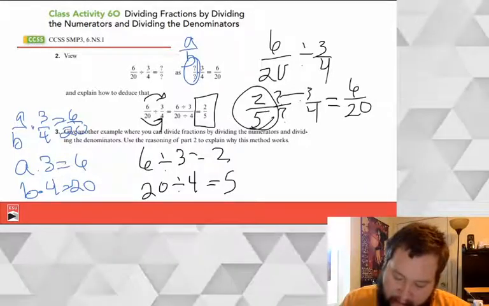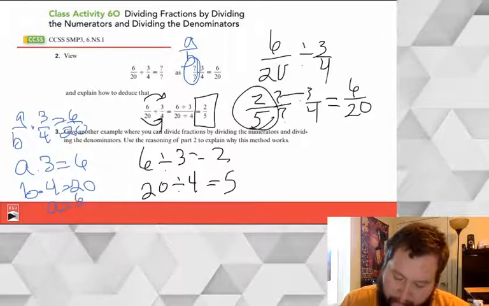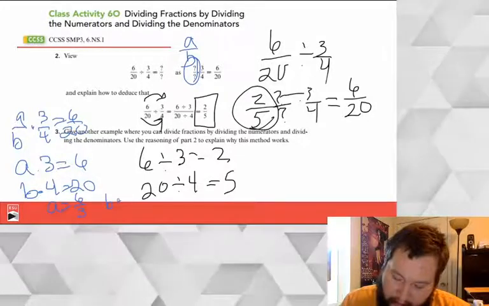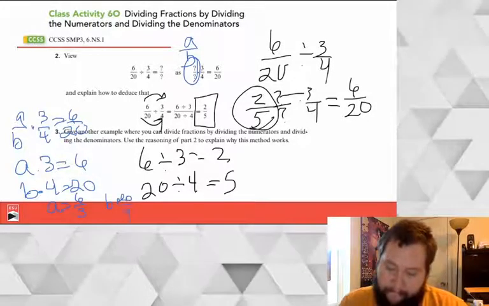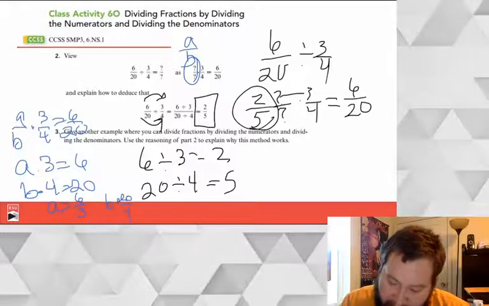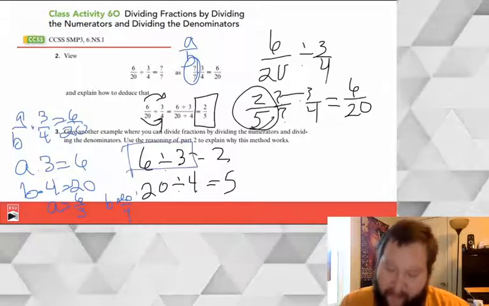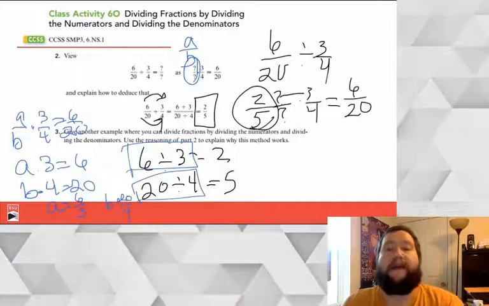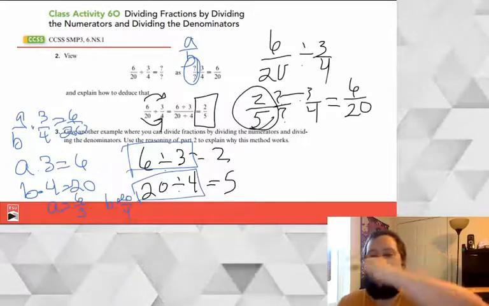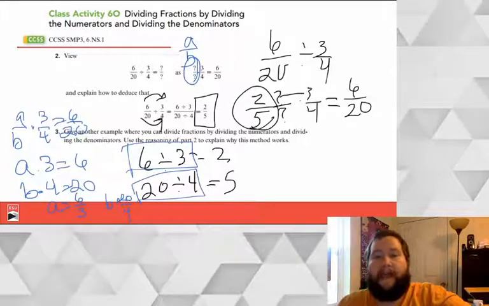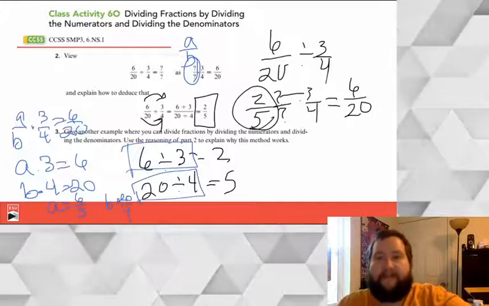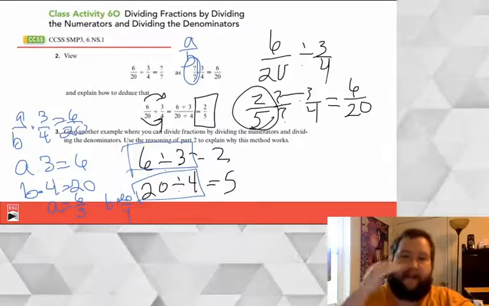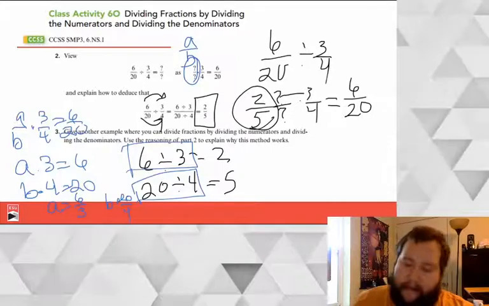We get A is 6 over 3, and B is 20 over 4. 6 divided by 3 and 20 over 4. Because when we multiply across the numerators, and because division is the inverse of that operation, we can just divide across the numerators and the denominators.